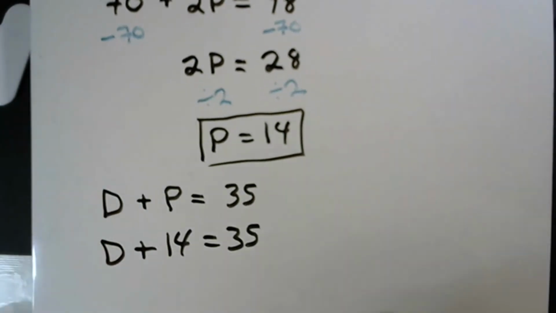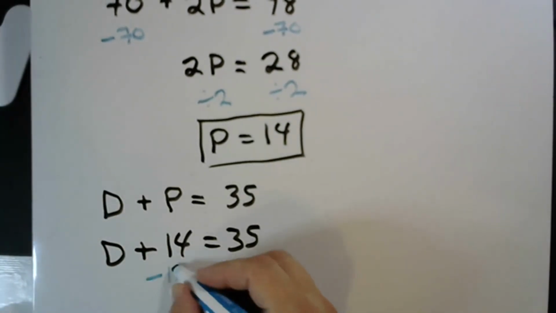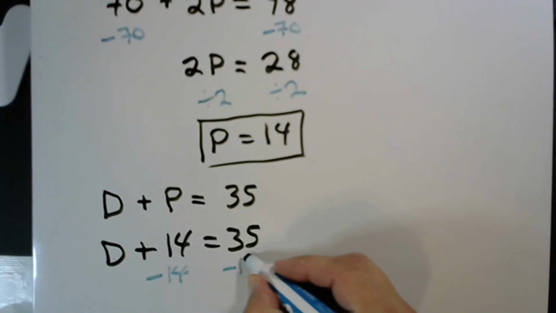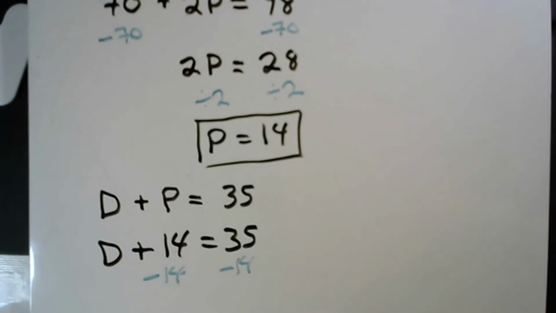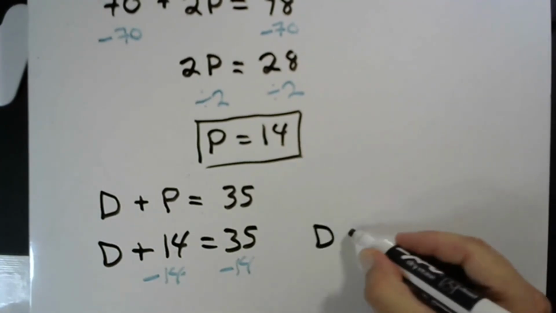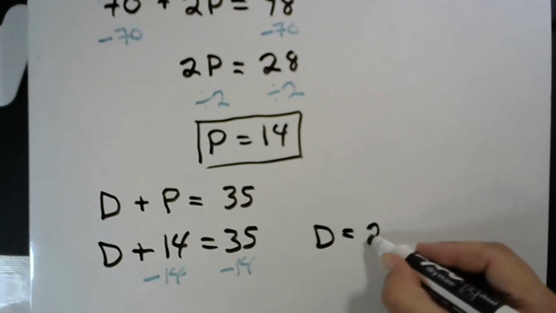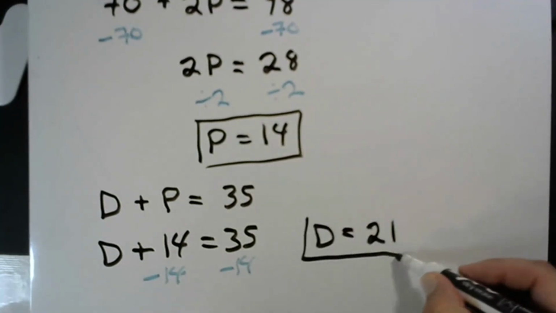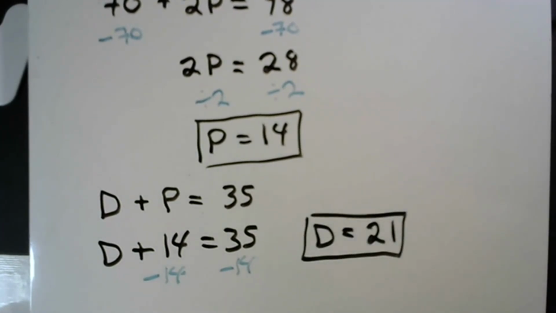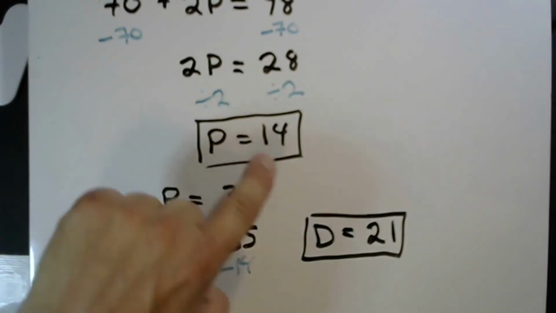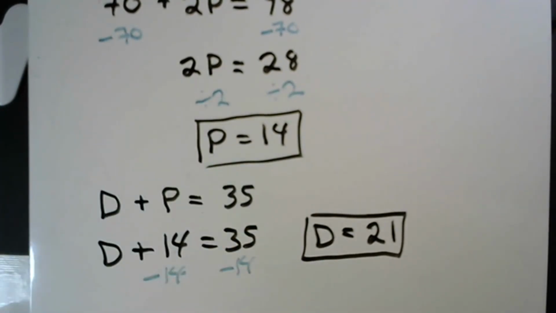Then we'll subtract 14 from both sides. We'll get ducks is equal to 21. So we have 14 pigs, 21 ducks.